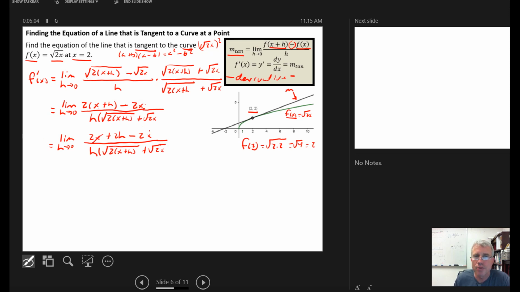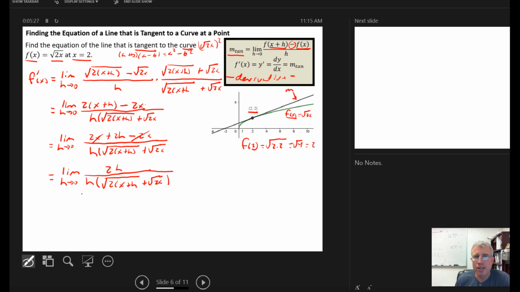So 2x minus 2x will go away, and that will leave me with the limit as h goes to 0 of 2h over h times the square root of 2 times x plus h plus the square root of 2 times x.